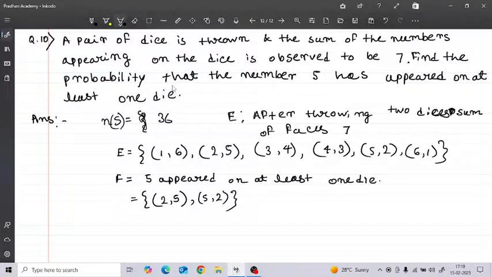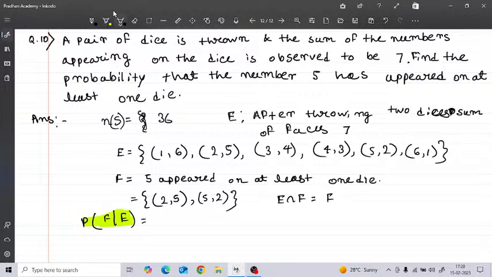Now I have to find the probability of that: the probability that the number 5 appeared on at least one die. So E intersection F consists of the pairs where F occurs. Okay, so let's find the probability of F given E. What does it mean? It is given that the sum on the faces is 7, and we have to find the probability that 5 appeared at least once. This is denoted by the conditional probability: given that the sum of the two faces is 7, 5 appeared on at least one die.